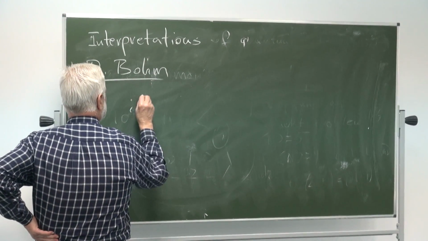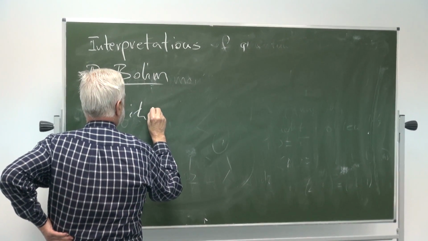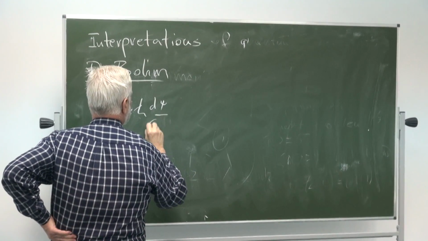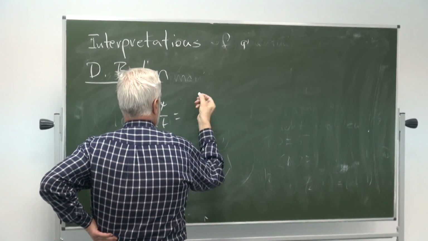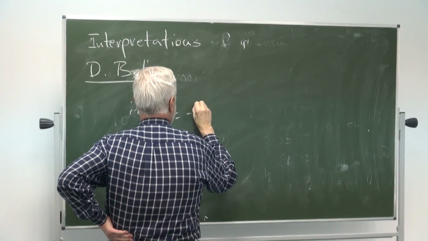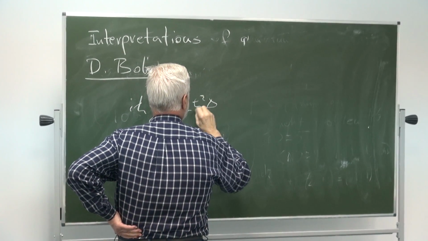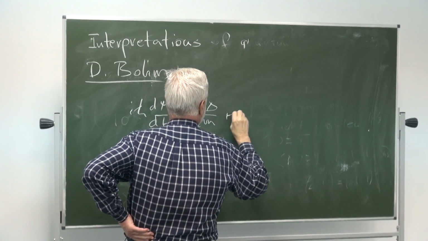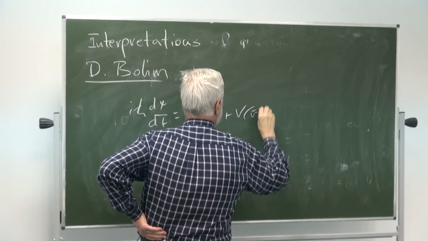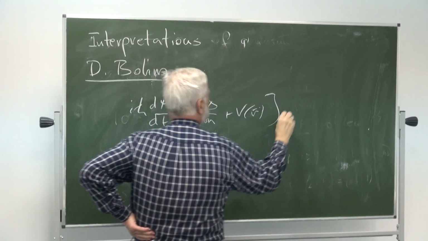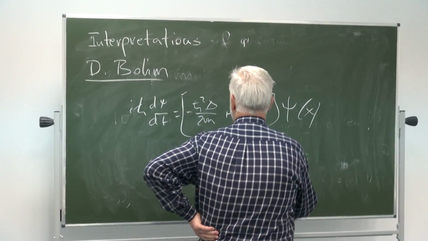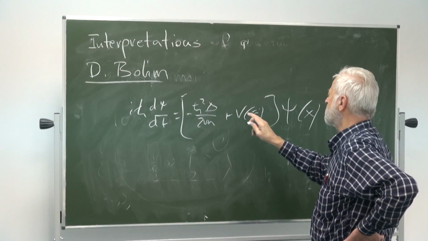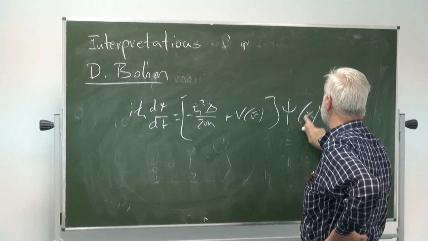Let's start with the good old friend, namely the Schrödinger equation. Then we've got minus h bar squared Laplacian over 2m plus some potential, and this multiplied by psi of r, in 3D.